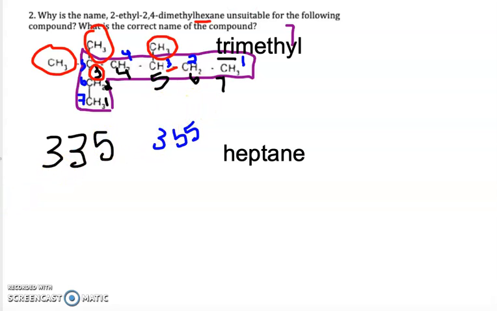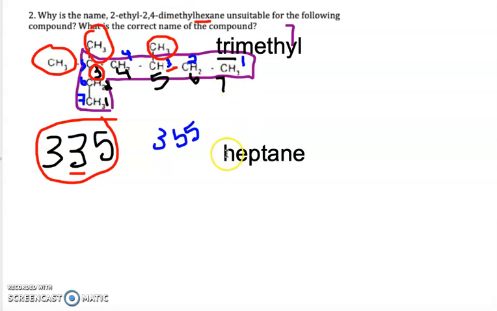We have 3, 3, 5, or 3, 5, 5. Because this is a 3, that's really the only difference between the two, and a 3 is less than a 5. So we are going to choose the black numbers.